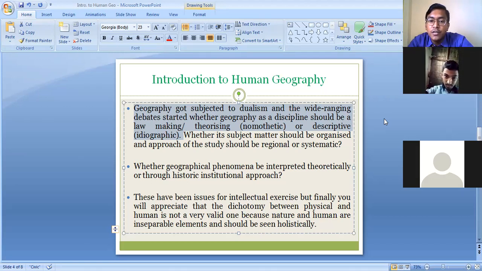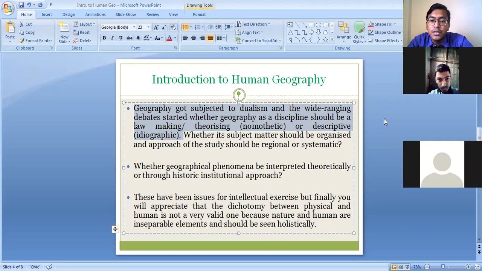Many geographers consider geography a discipline which must be considered a law-making or theorizing subject. But some other groups of geographers considered geography a descriptive subject.